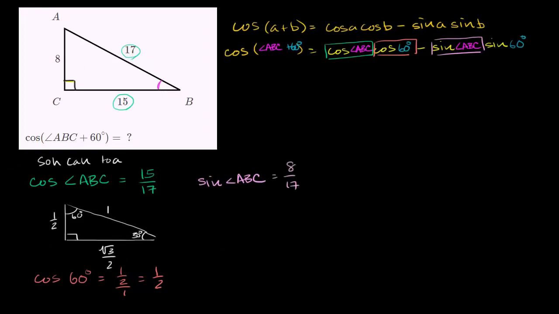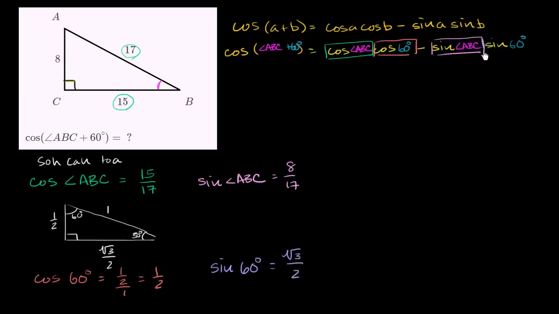And then finally, we need to think about what the sine of 60 degrees is. Well, if we're at the 60 degree side of this right triangle, opposite over hypotenuse. So square root of 3 over 2 over 1, which is just square root of 3 over 2. So we have all of the information we need to evaluate it.